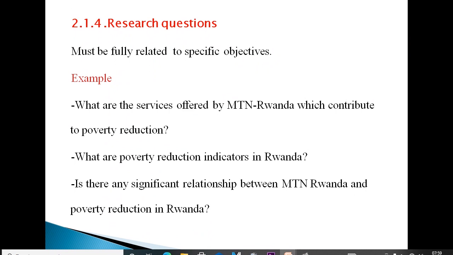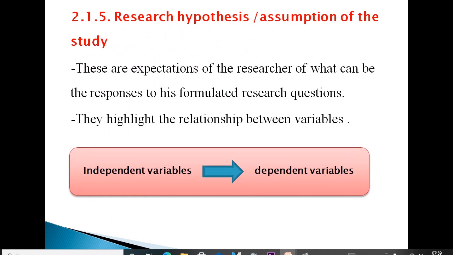So based on this example, we can see that these specific objectives are fully related to the research questions that we formulate. Then after formulating the research questions, some higher education institutions require students and researchers to present a research hypothesis or assumption of the study.